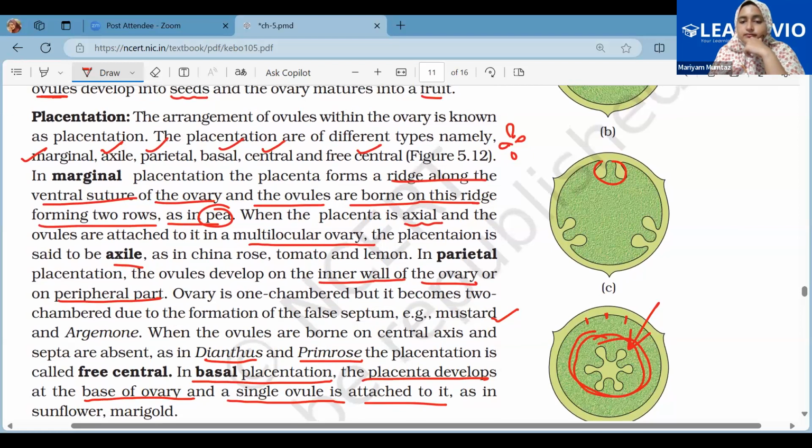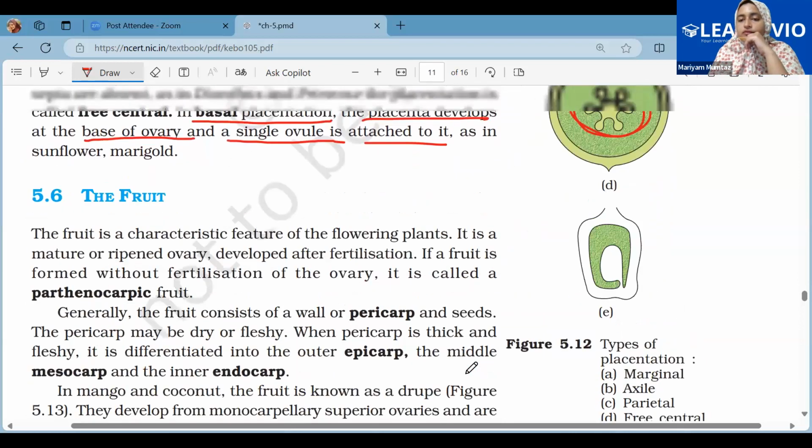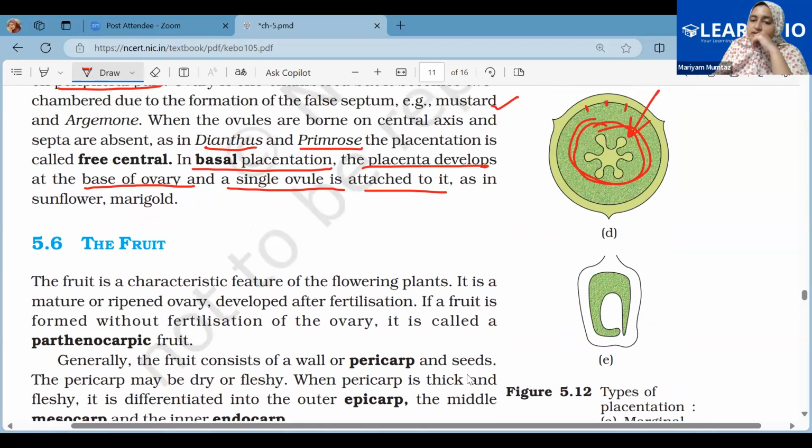Yes, ma'am. Ma'am, in the last diagram, can you show which is the placenta and which is the ovule? Not ovule, but see this white part, they are referring it as the, you can say, the basal portion of the ovary, meaning this part, the white part, is the fruit part, and this green part is the seed, meaning the ovule.